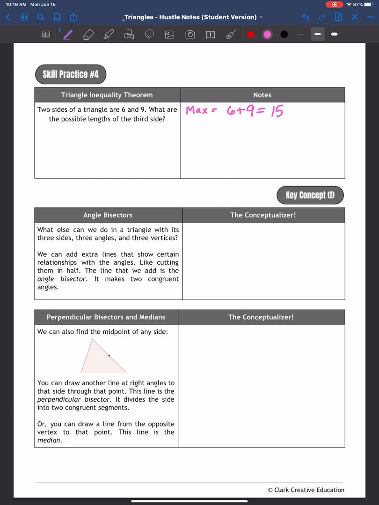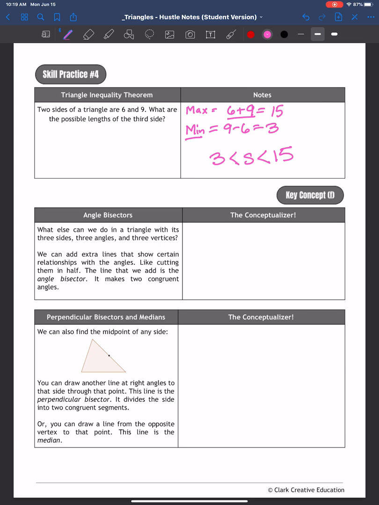S cannot be larger than 15 because those are your sides added. The minimum would be doing 9 minus 6, which would get you 3. Can't be smaller than that, right? Because when you add it together, it still has to be larger than the other side. So you would write this as 3 is less than S, and S is less than 15.